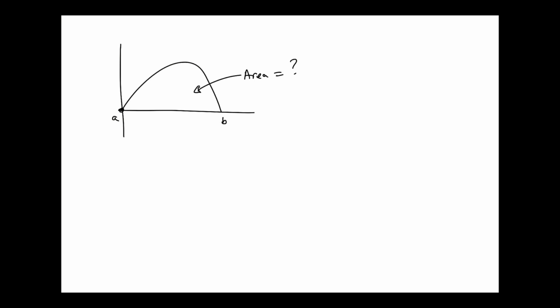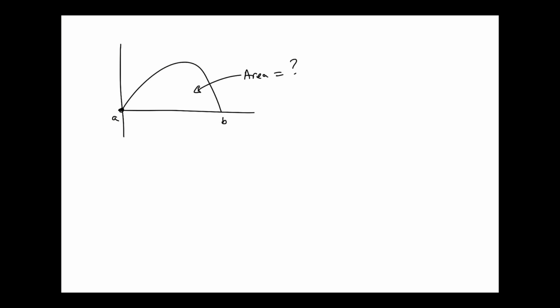And there's some area that's contained between that thing and the x-axis, where I'm limiting myself to going between x equals a and x equals b. I happen to make those roots here. They don't have to be, but I did just for the sake of the picture. Okay, so that area is something, and we would like to be able to find that area.